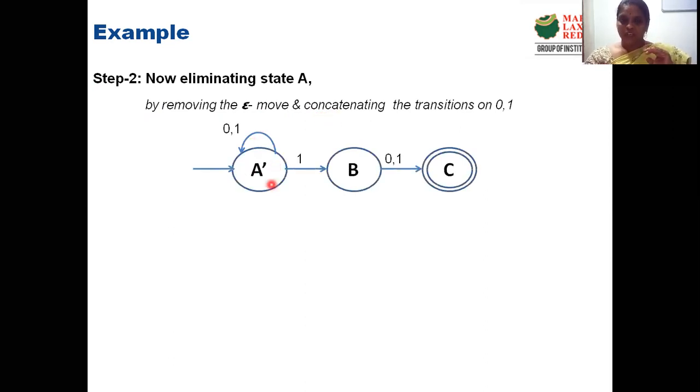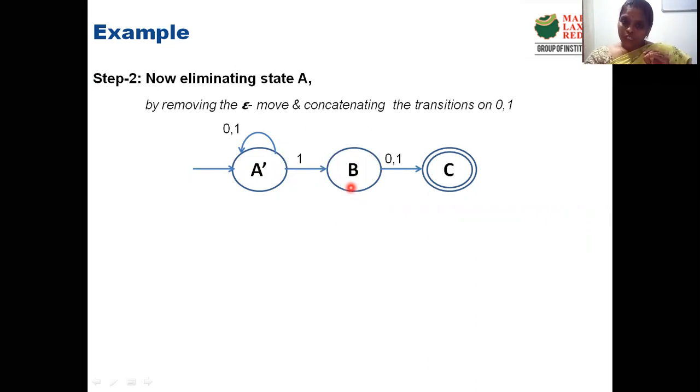So now A dash contains the transitions of 0, 1, which were previously in state A. Now if we see the automata here, A dash is the initial state which has the transitions on 0, 1, and from A dash to B we have a transition on the input symbol 1. Now this is the other intermediate state, which is also to be eliminated.